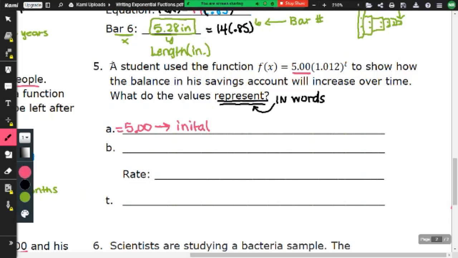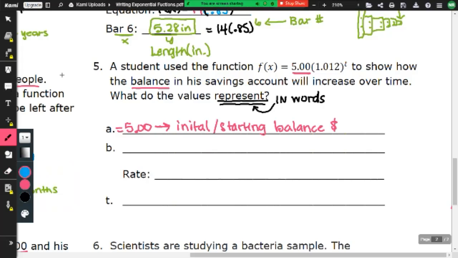Initial, or the starting what? Starting, to show the starting amount, the starting balance. We're talking about a savings account. So we're talking about an initial amount of money, okay?